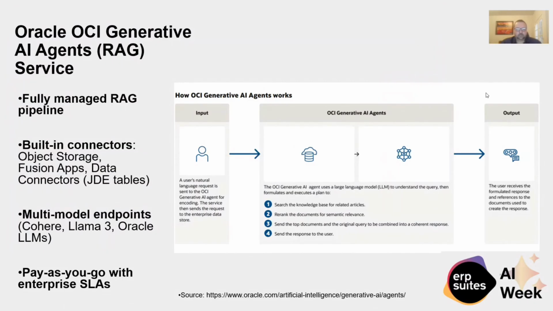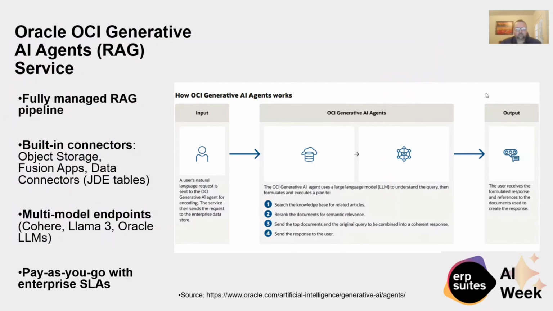It's just an option. There are built-in connectors for the generative AI agents service for object storage, which is OCI's S3 compatible object storage, and Fusion apps, obviously.